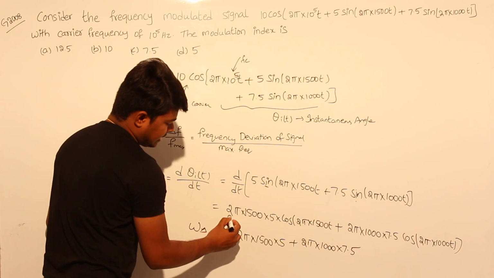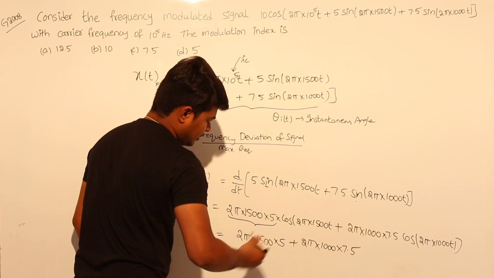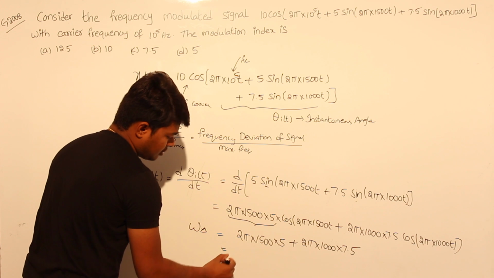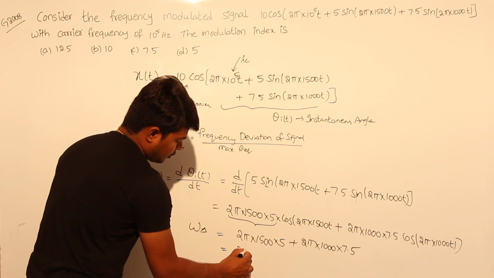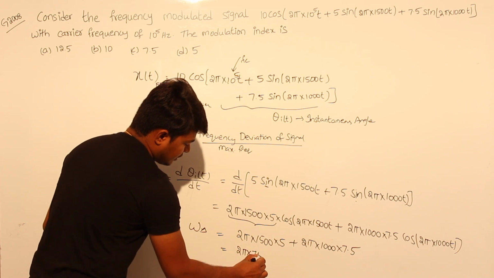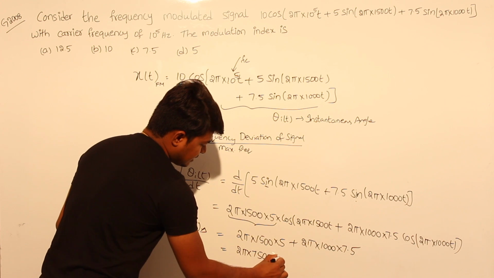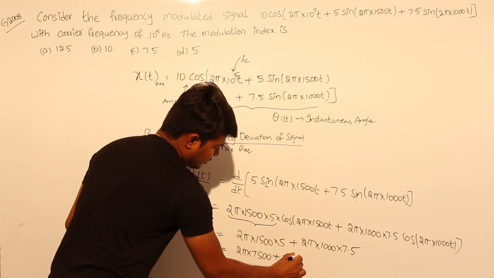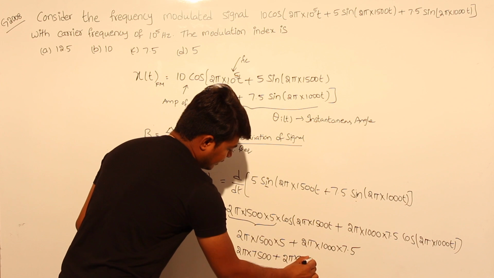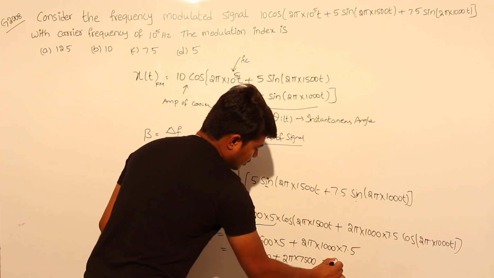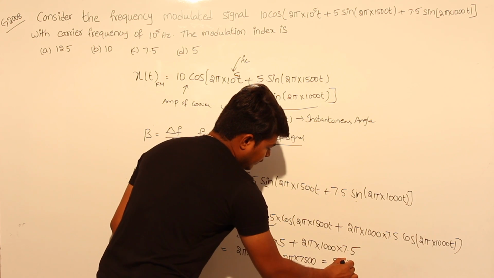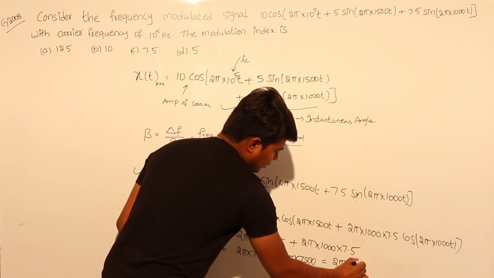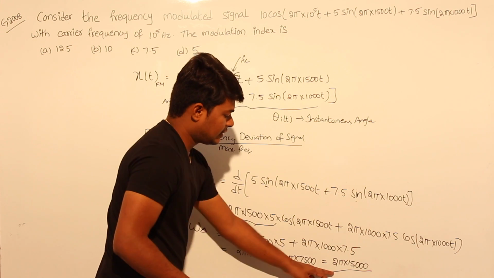We need to take this amplitude only. Now this will be equal to 2 pi into 7500 plus 2 pi into 7500. This will be equal to 2 pi into 15,000. I think this will be visible, right?